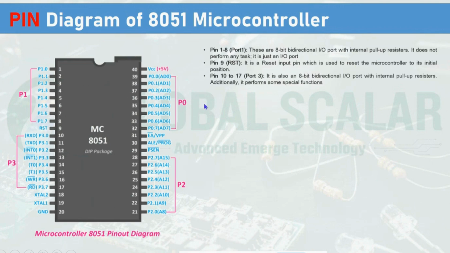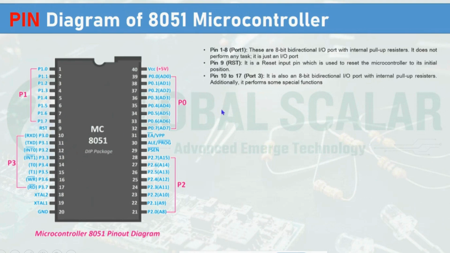Next we have pins 10 to 17, which are part of the 8-pin bidirectional IO port. It performs some operations. We have the interrupts, the read and write pins, and the transfer of data, TX and RX.